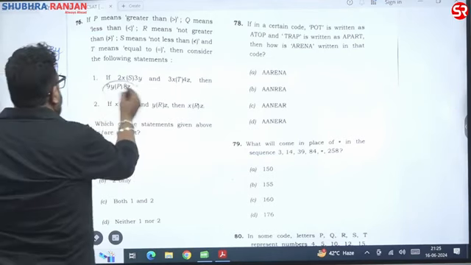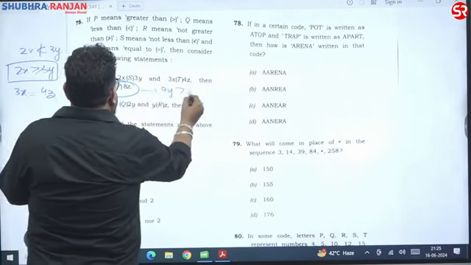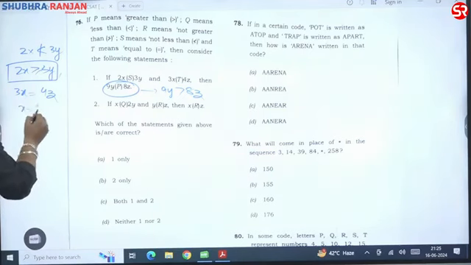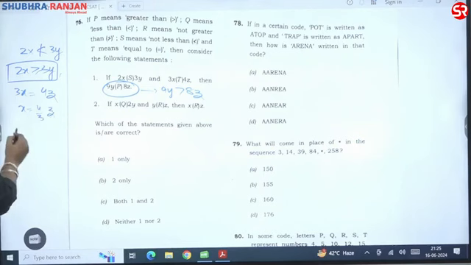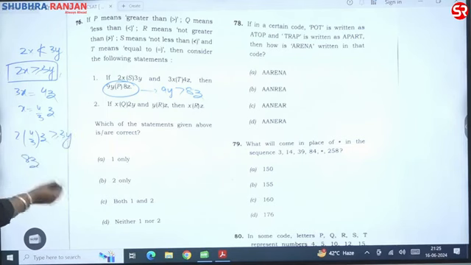Then he asks, is this the relation: 9y greater than 8z? If you combine them together, y and z, you just need to remove x. So look, x is equal to 4 by 3 times z. This would give you 2 times 4 by 3 times z is greater than or equal to 3y, isn't it? So 8 times z is greater than or equal to 9y. So it is not giving you this as a result, isn't it?